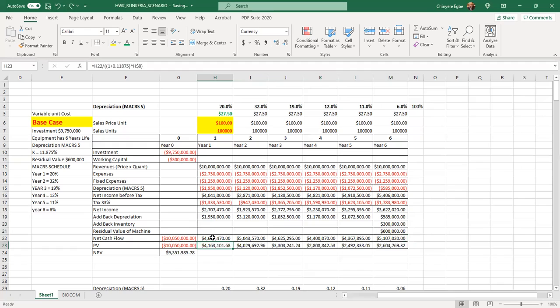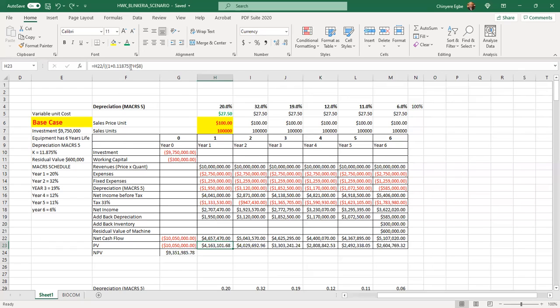Net present value would be to take each of these, the cash flow, and divide it by the net cash flow, H22, divided here by 1 plus 11875 to the power H$8.